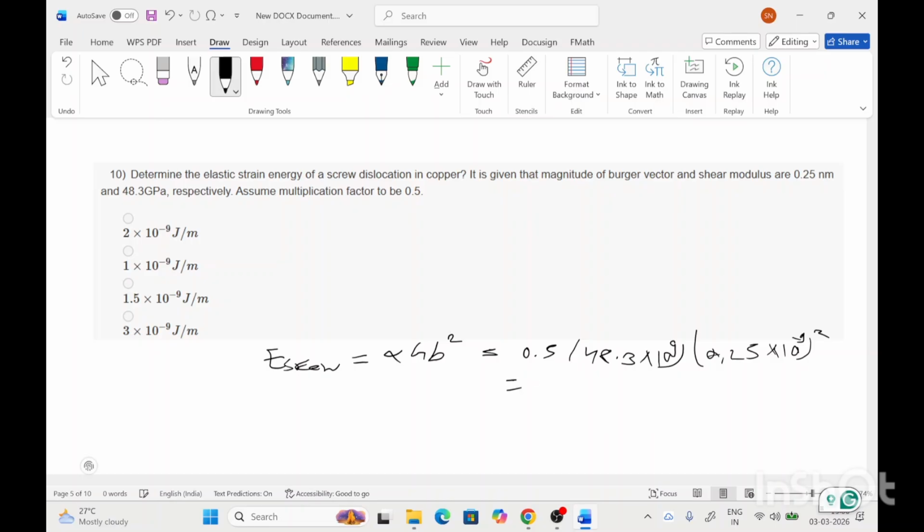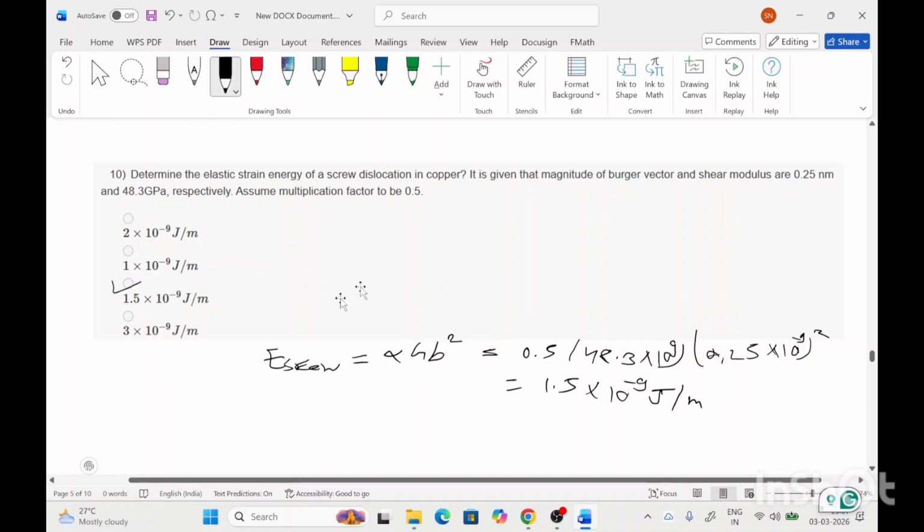So this will give 1.5 into 10 raised to power minus 9 joule per meter. So the third option is correct for this.